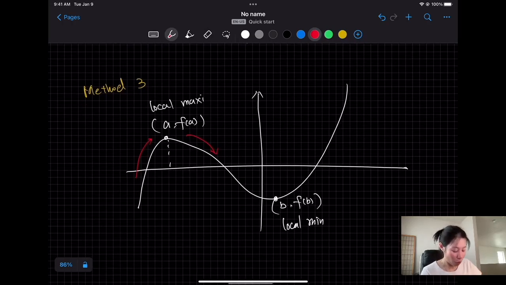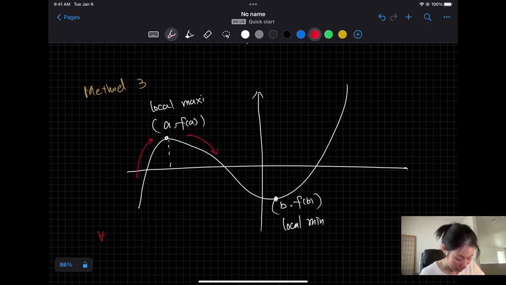So that means for all x less than a, which is on the left side of a, if the first derivative of x is greater than 0, if you're increasing, that means your first derivative has to be greater than 0, because you're going to have a positive slope of the tangent line.